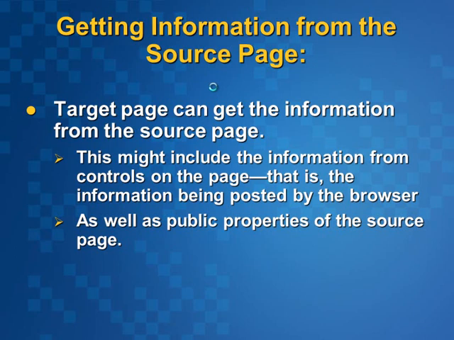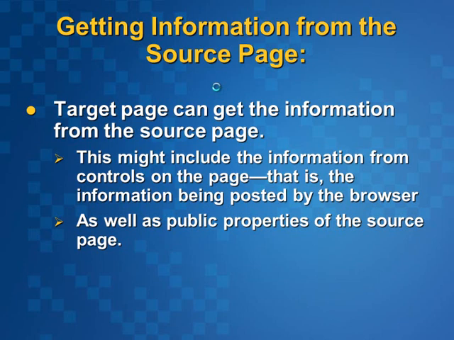A good thing to know is you will get almost everything that is available in the previous page, including the values of those controls which were there. If there are any public properties or methods, you can retrieve them from the previous page. Even though the browser is sending from the previous page to the next page, all the content which was there with the browser when it submitted that request will be available in the new page.